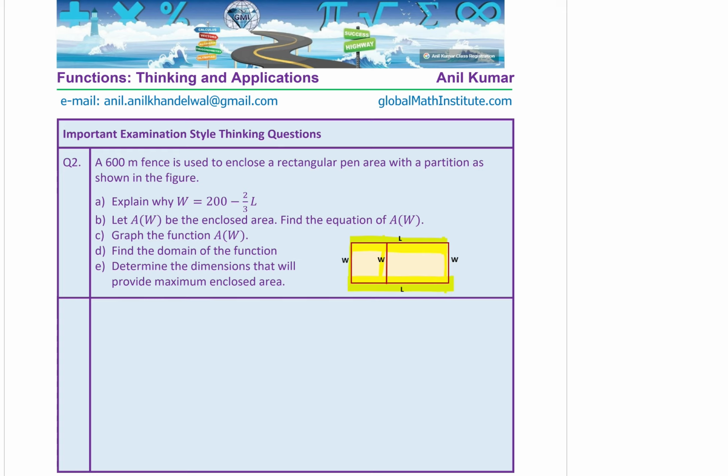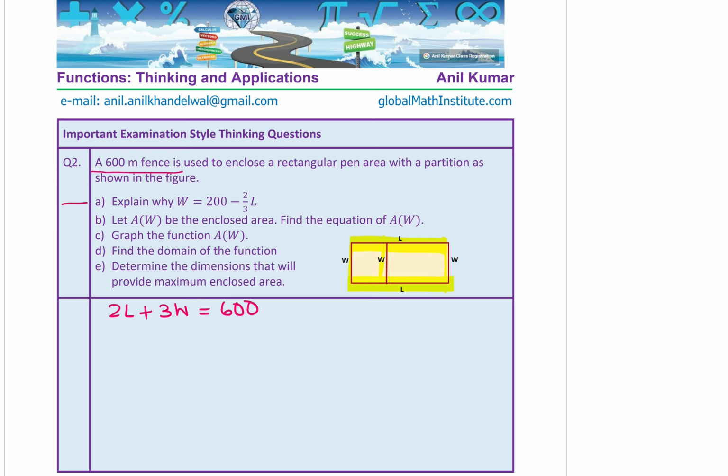If the diagram was not given to you, you have to write down let the length be L and width be W. So that let statement will come. Now in this particular case, we have two lengths plus 3 Ws, and that is equal to 600. So that is what it means when we say a 600-meter fence is enclosing this area.